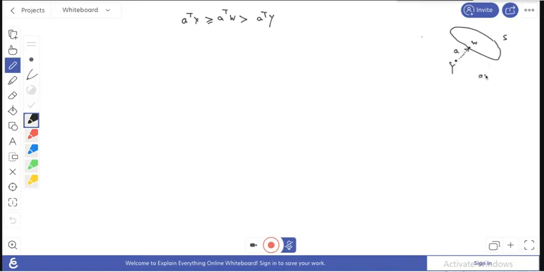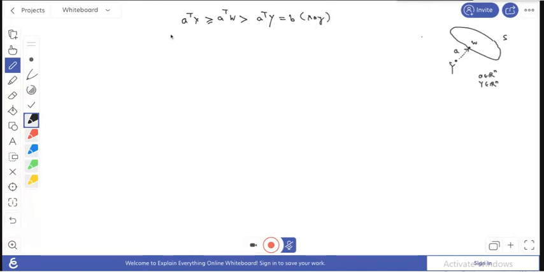A belongs to Rn space, and of course Y also belongs to Rn space. So A is n cross 1, and Y is also n cross 1. A transpose is 1 cross n, and this is n cross 1, so this becomes 1 cross 1, that is a real number. Okay, say that real number is b.